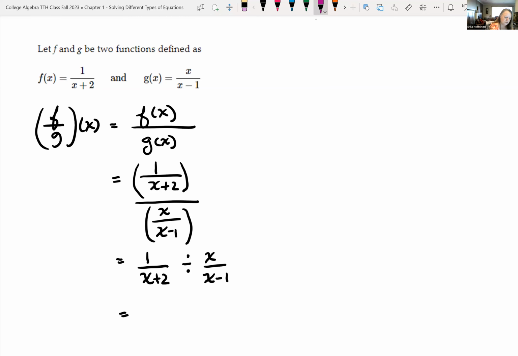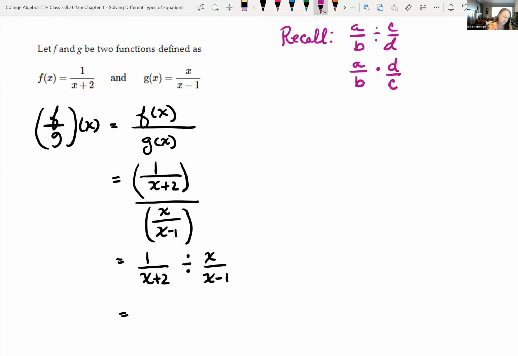Recall there are some rules of division when you're dividing two fractions. If you had something in the form of a over b divided by c over d, we rewrite division of fractions as copy down the first fraction times the reciprocal of the second fraction, flipping the second fraction, d over c.